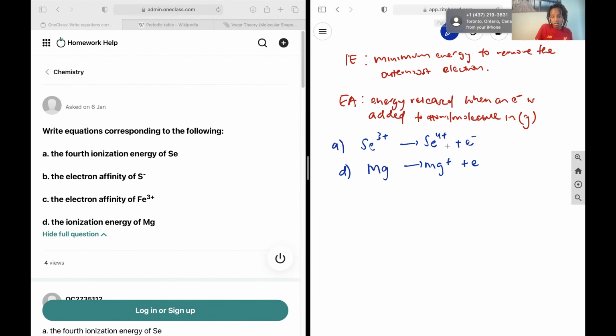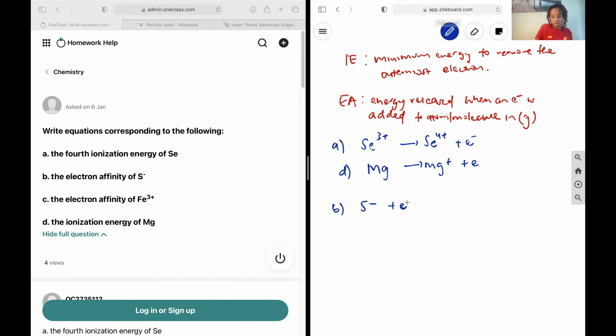And this is correct. And then lastly, let's do our electron affinity questions. And so we have S-. And we're asking for the electron affinity, which means the energy released when an electron is added.